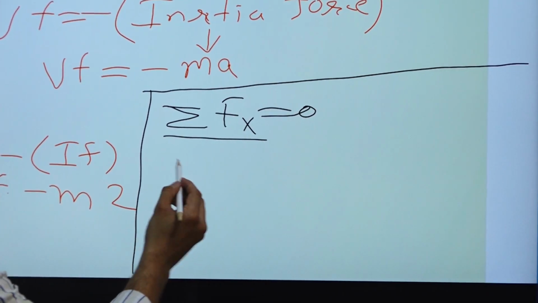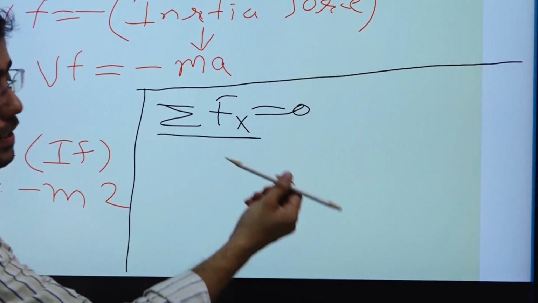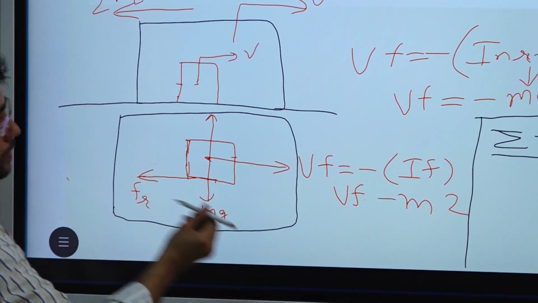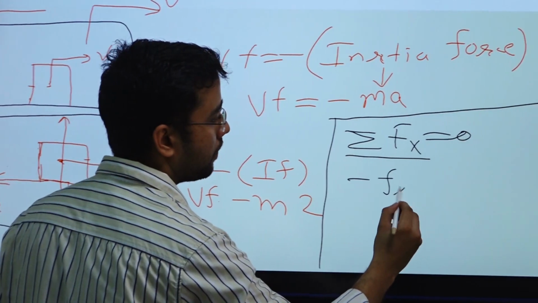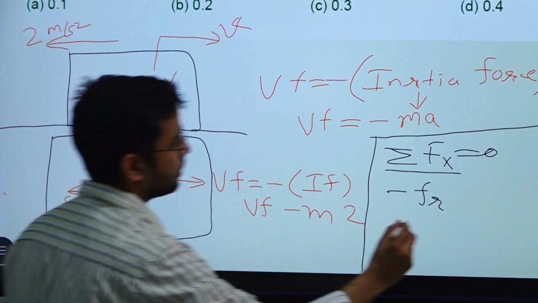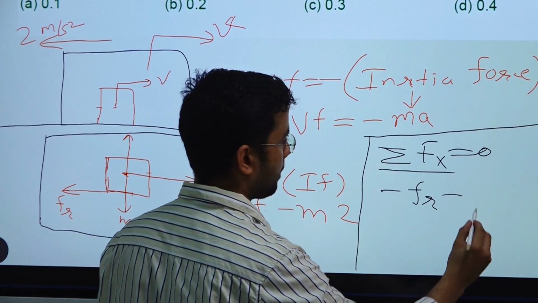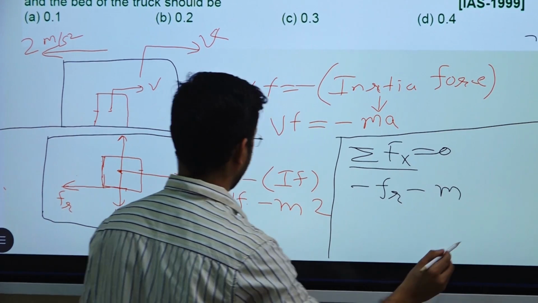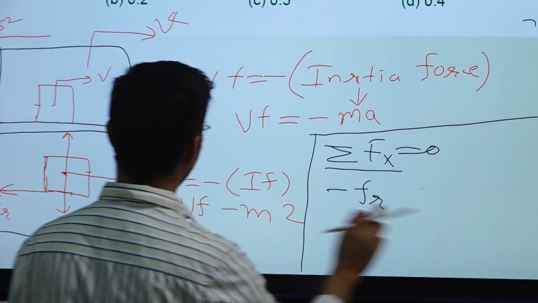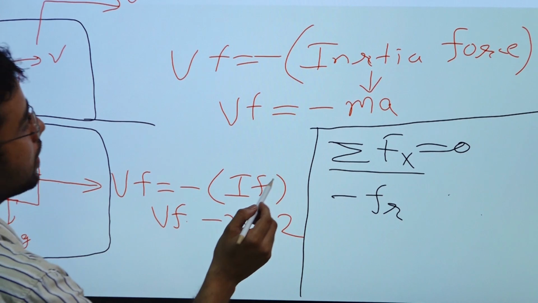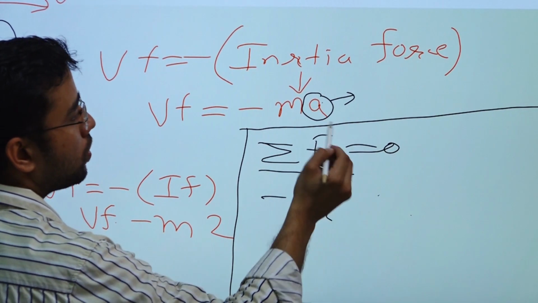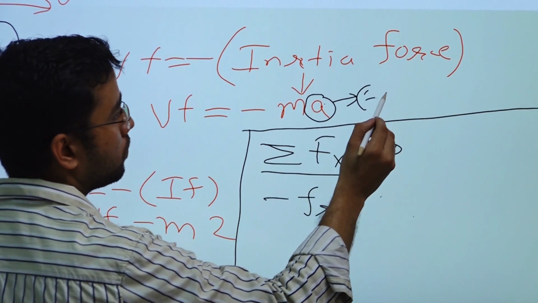So there are two forces acting. One is the frictional force, which is acting in the reverse direction, in the minus x direction. So we put minus Fr, and the inertia force acting in the positive direction will come positive here. This A is deceleration, so when you put the value of A, it will be minus 2.